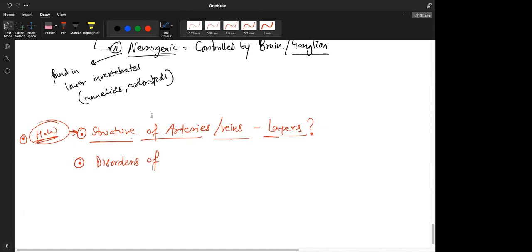Whatever system you are studying, you have to study certain disorders of it. So disorders of the circulatory system, it's the last part of every chapter in human physiology. It has to be human specific. No disease which is not in humans and other organisms, you don't have to do that.